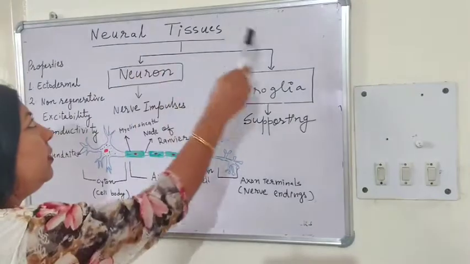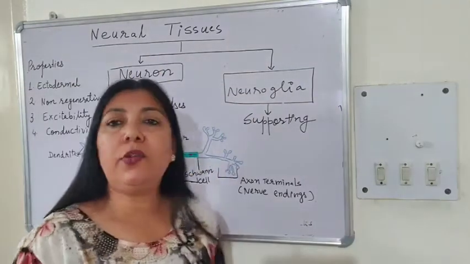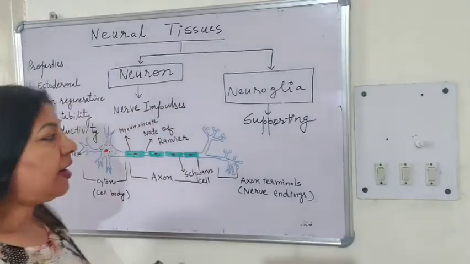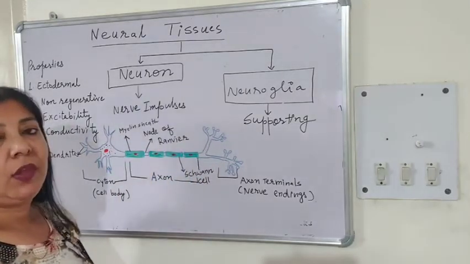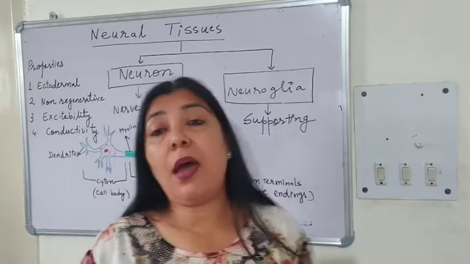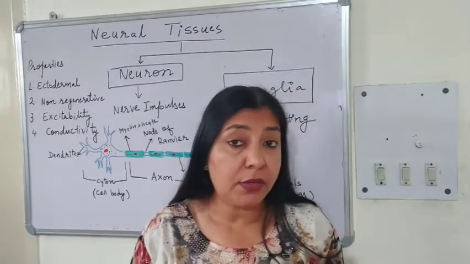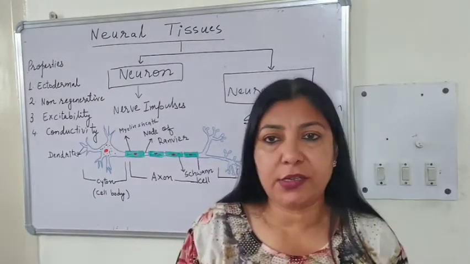So the neural tissues are divided into neurons and neuroglia. Okay. Now let's focus on neurons. Neurons, as I already mentioned, are amitotic. They do not show any cell division, but they show many unique features.